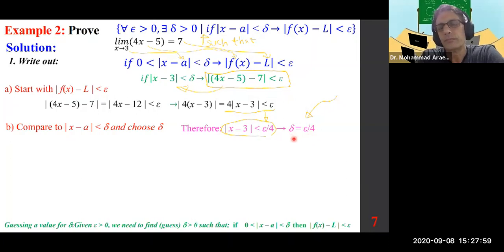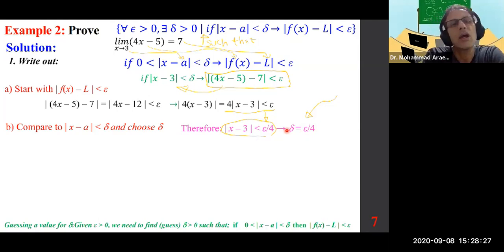So if f of x is within epsilon of the limit, within 1 unit for example, then along the x-axis, close to a should be within 1/4 of that, 1/4 of 1 or 0.25. Then it will work.